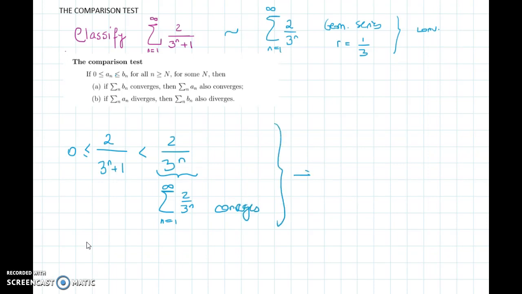Then, by the comparison test, the series that we were trying to classify, which is pretty much the same but with a plus 1 in the denominator, also converges. And that's it. We classified the series we wanted to classify.